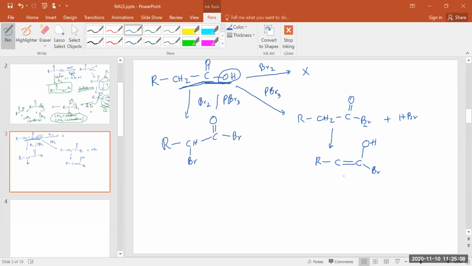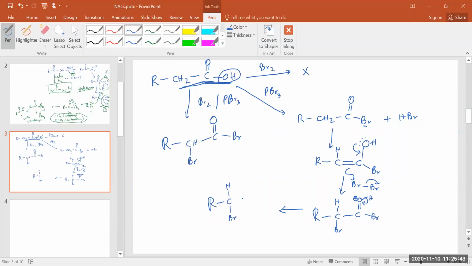Then this one here will react with Br. So what will it form? Okay. And after deprotonation it will form this acyl bromide, okay, this bromide is unstable.